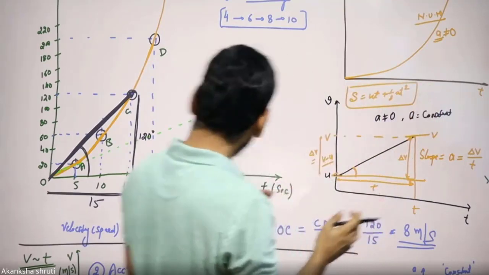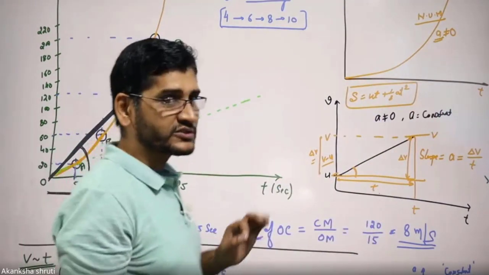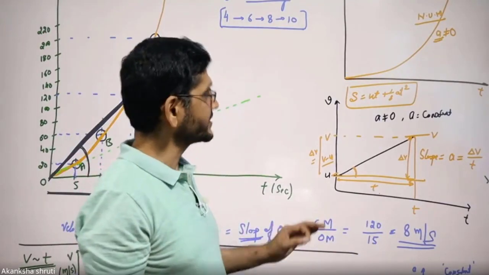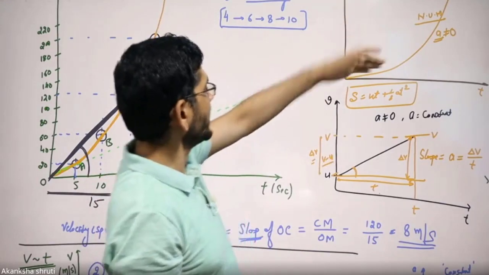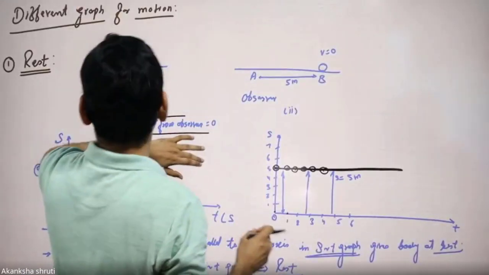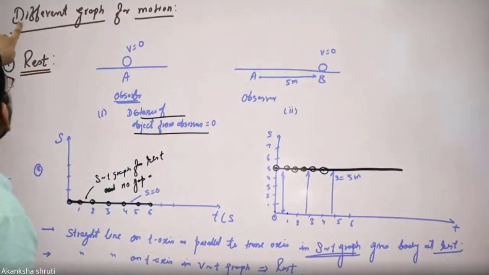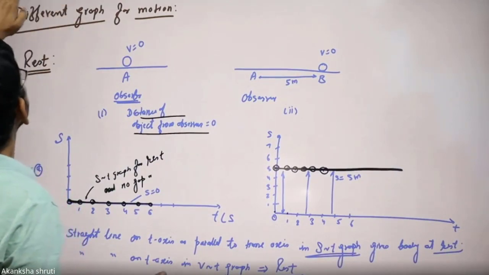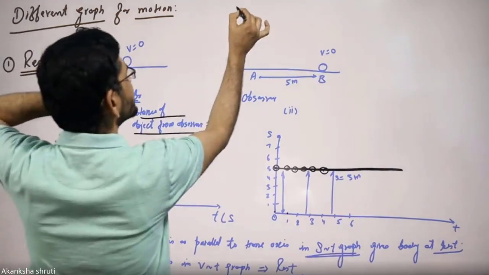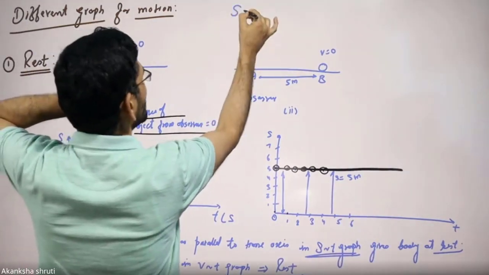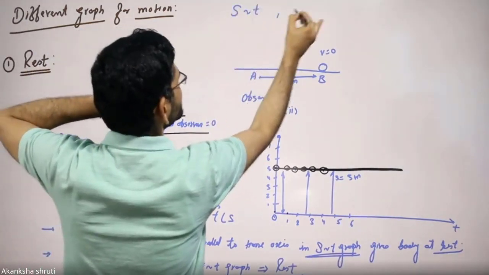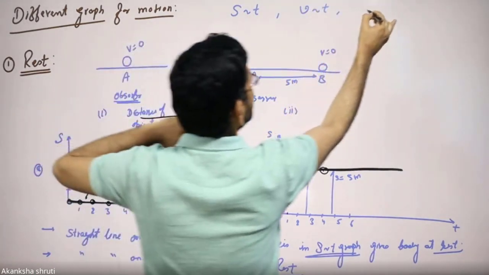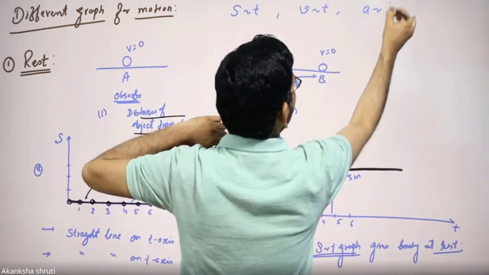So whatever we have learned till now, we are going to summarize, all the types of graphs and their importance, today at one place. Student, keep in mind the different graphs for motion or rest. In each case we have to draw 3 types of graph: one is distance time or displacement time, another is velocity or speed time, and the third one is acceleration time graph.